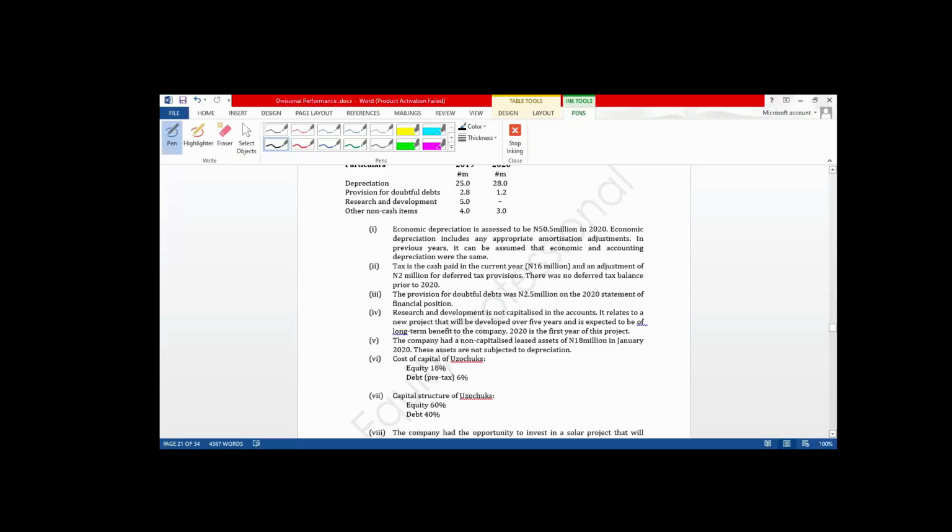The company had a non-capitalized lease asset of 18 million naira in January 2020. These assets are not subjected to depreciation.